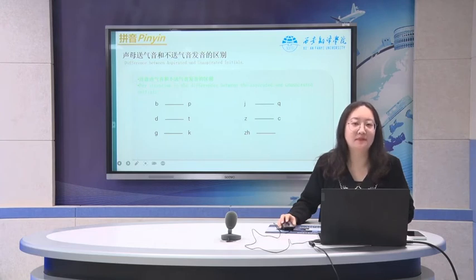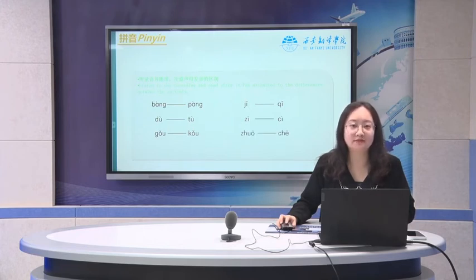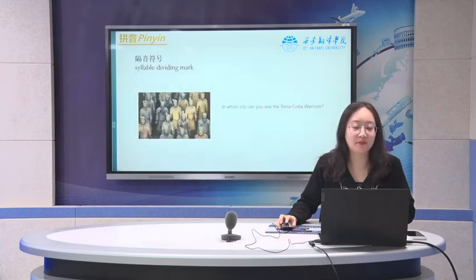But for the aspirated ones, if you put your finger before your mouth, you can feel the air. We have some words. 棒, 胖, 肚, 兔, 狗, 口, 鸡, 七, 字, 次, 桌, 车.